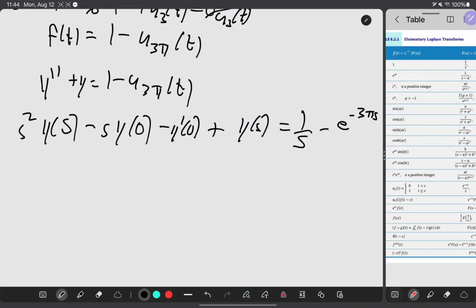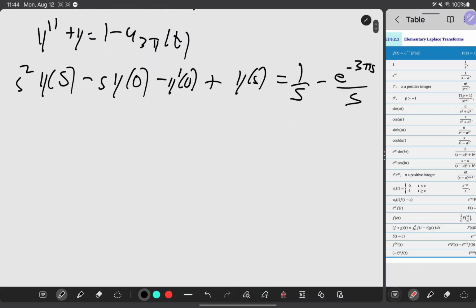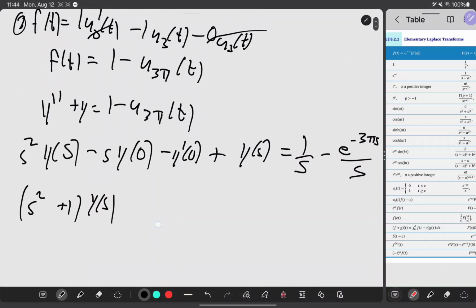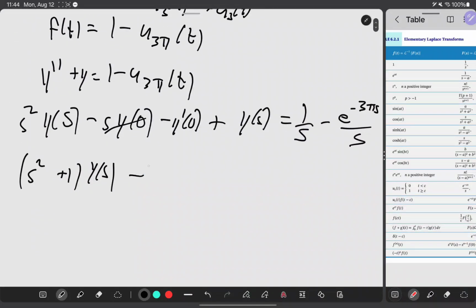Our parent function for this one is 1, so the Laplace of 1 is 1 over s. That's our f of s. So now let's group these together. The initial conditions are 0 and 1.